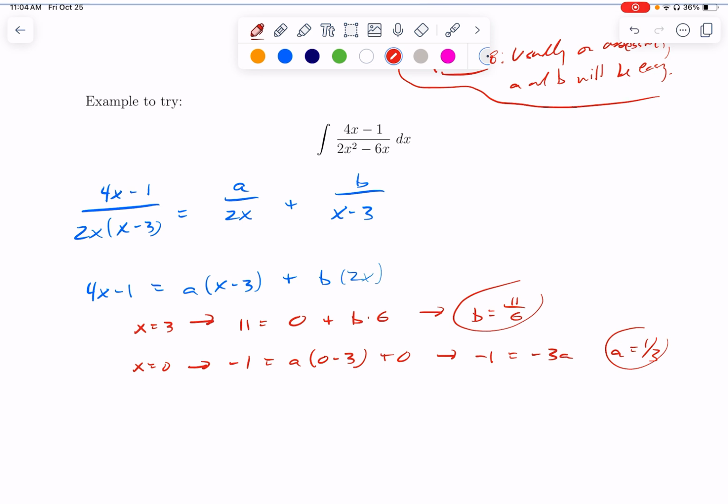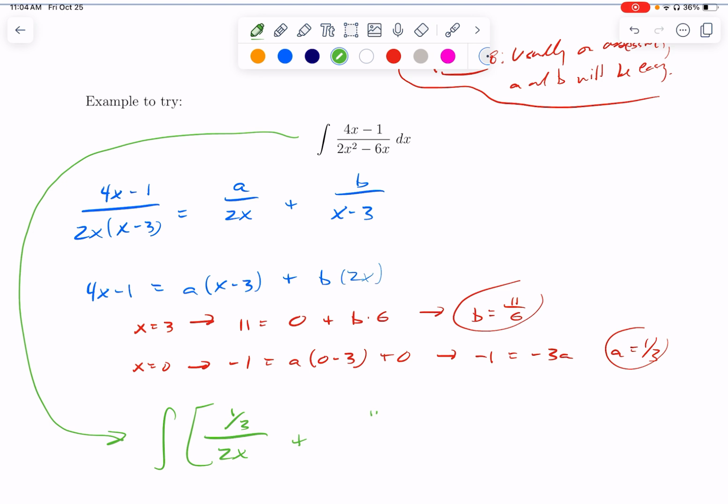So what we know now is that this integral we're trying to do is actually a over 2x plus b over x minus 3. And it doesn't really matter how exotic those coefficients are for doing the calculus.